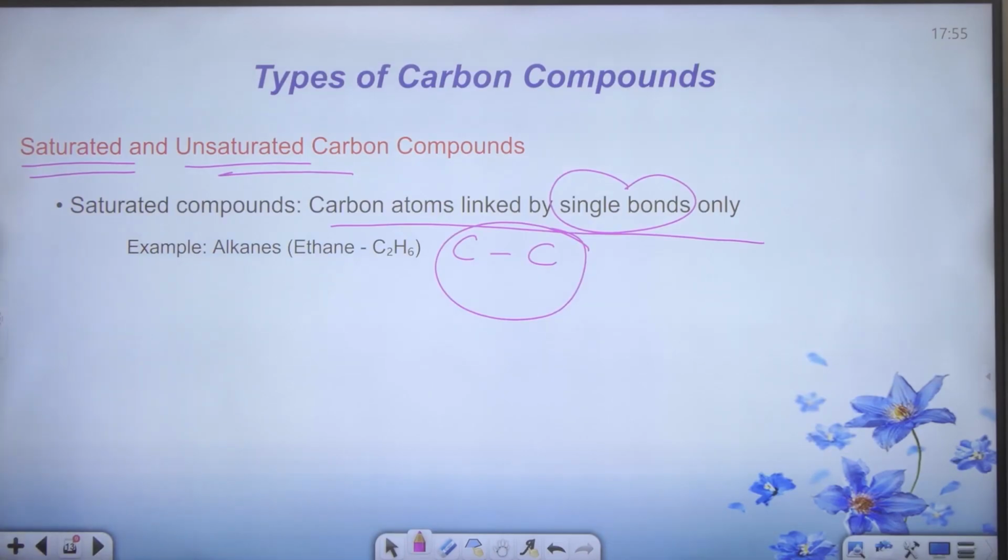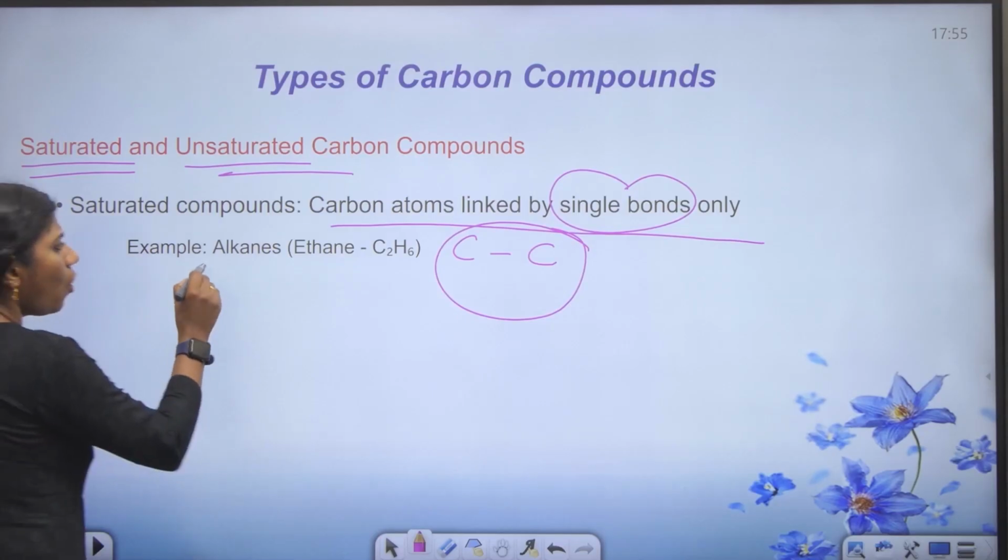No multiple bonds are present. That type of molecule is known as a saturated molecule or saturated compound.